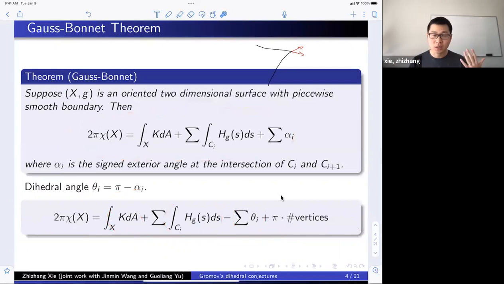Now, I hope it's already obvious to see that Gromov's conjecture in the two-dimensional case is exactly Gauss-Bonnet. Okay.